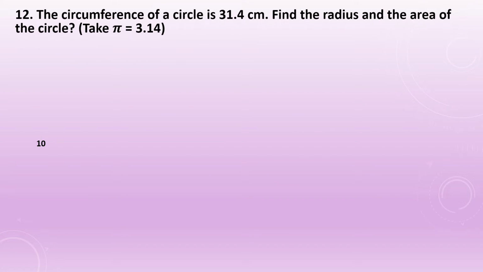Now we move to question number 12. The circumference of a circle is 31.4 centimeter. Find the radius and area of the circle. Children, you know the formula of circumference of a circle. Yes. What is the formula? 2 pi r.